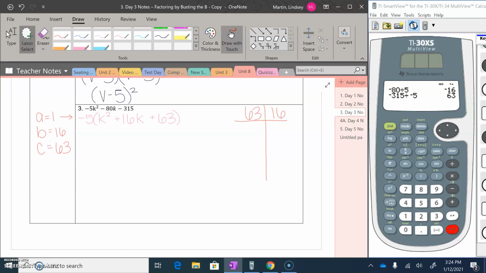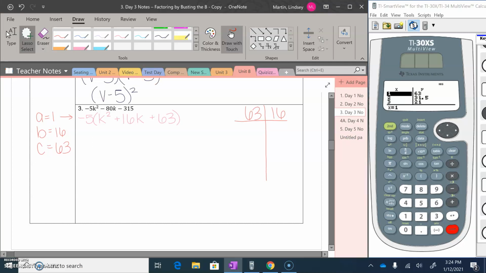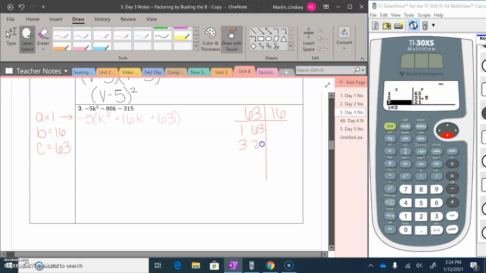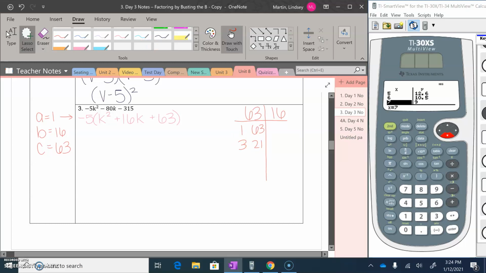Now we will find all of my factor pairs of 63. We'll take 63 divided by x, start at 1 in my table. So we have 1 and 63, 3 and 21, 7 and 9.